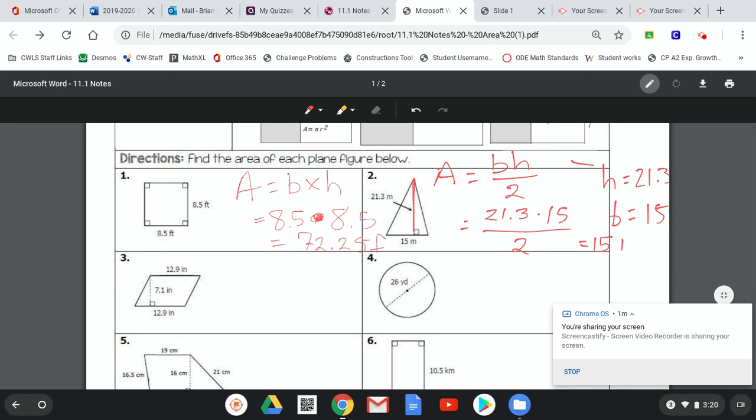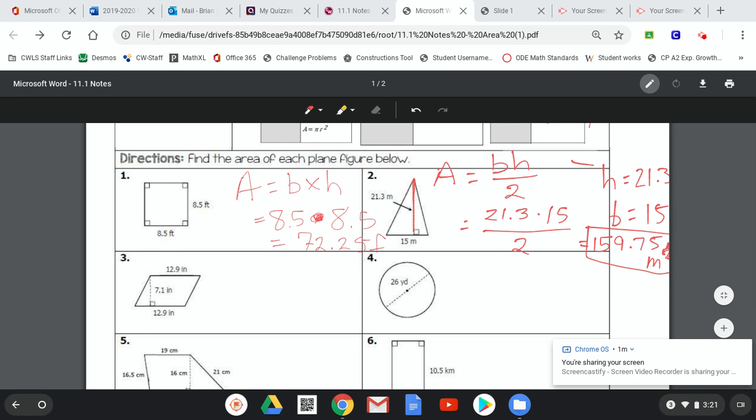Plug that in your calculator, and we are in meters squared. So for number 2, it's 159.75 meters squared.